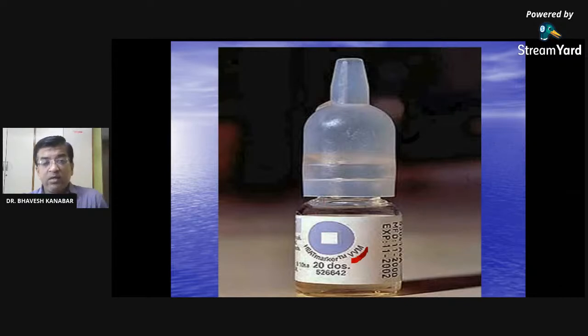Whenever this vaccine is kept outside and comes to the environmental temperature, as you know, the vaccine should be stored between 2 to 8 degrees centigrade. Once the vaccine is exposed to a temperature of more than 8 degrees, this white color starts to turn blue slowly.